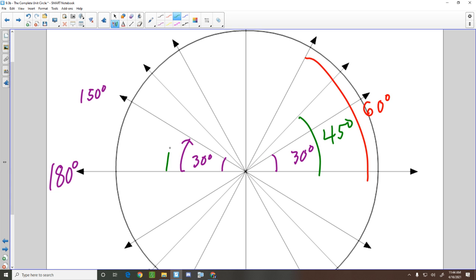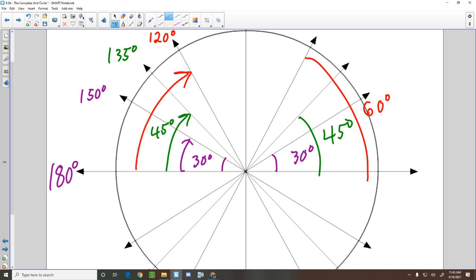If I know this angle is 45 degrees, because that's the next reference angle, just think, if I started from 180 and I went back 45 degrees, what number would we be at? Well, that's 135. Then same thing with that third reference angle of 60 degrees. If I'm at 180 and I go back 60, I get 120 degrees.